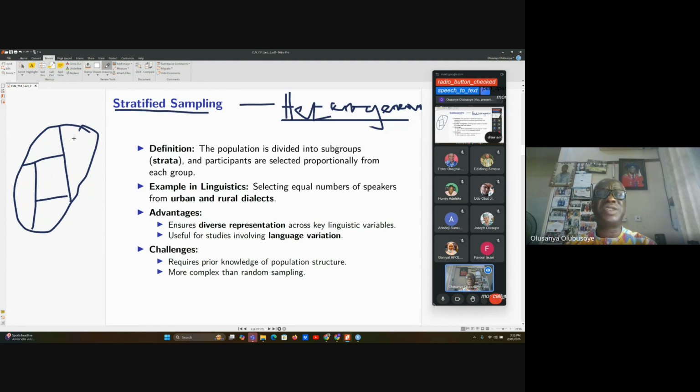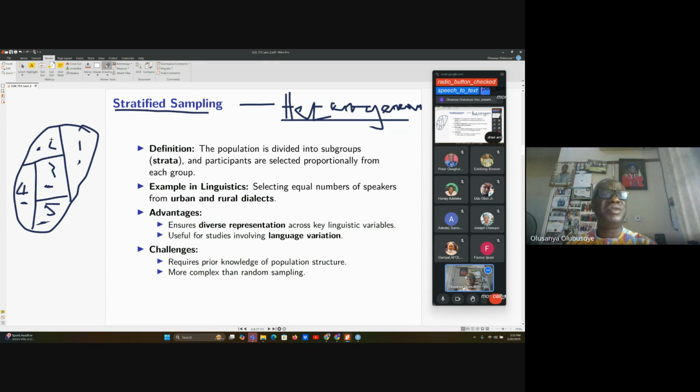Each group is called a stratum. In this case, maybe this is a stratum, this is another, this is another, this is another, this is another. So you have 5 strata. And then you select from this group, from this group, from this group, from this group, from this group.